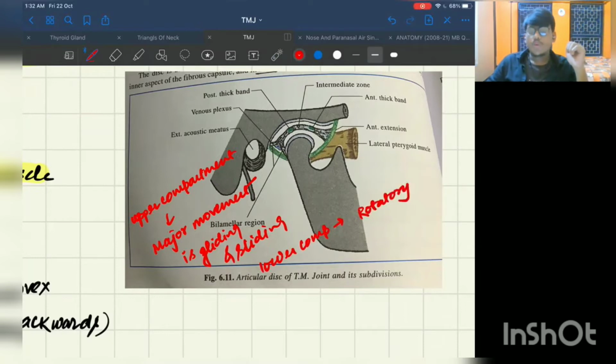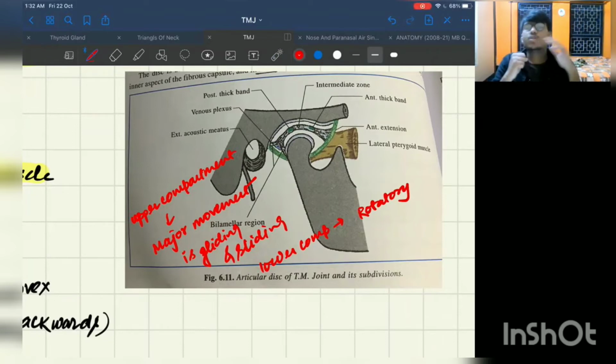When we protract and retract our mandible, these are movements of the TMJ. Protraction, the mandible comes forwards. Retraction, the mandible goes backwards, right?